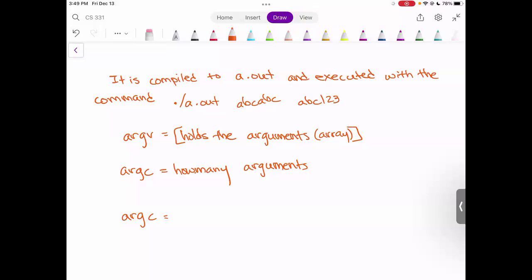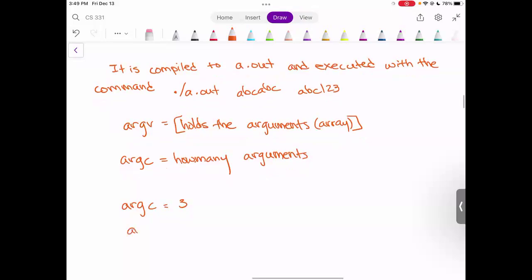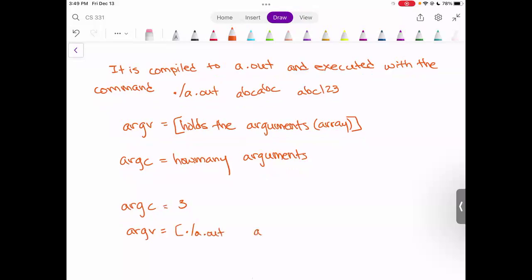So there would be 3 arguments here. Okay. And argv would hold the arguments in that array. It holds a.out, abc, and abc123. Now again, just like in any array, this is the first position, this is the 0 position, and then the first position, and the second position.